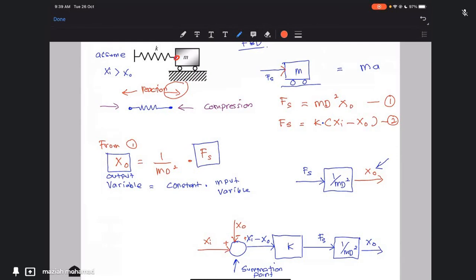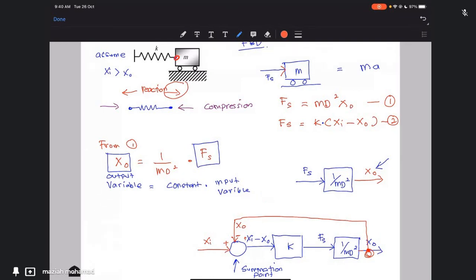Since we already have x naught there, we don't need to find any equation that explains x naught. We already defined x naught, so we just tap from the output here and feed it to here. Right?